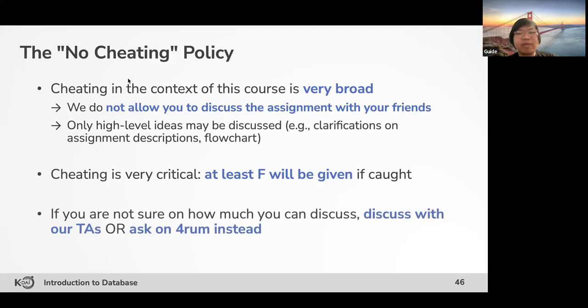At least effort must be given. At most, I will report to the school. And I don't care, right?